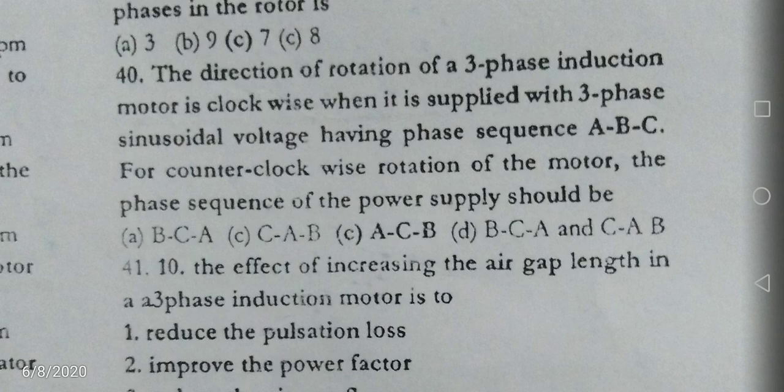But see option C. The initial is ABC. In option C, A is at the A place, but in place of B there is a C, and in place of C there is a B. So it is correct that at least one of the phases, either A or B or C, must be at the same place, and the remaining two are interchanged.